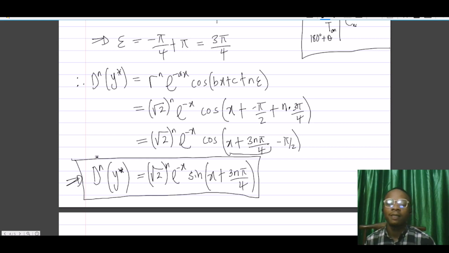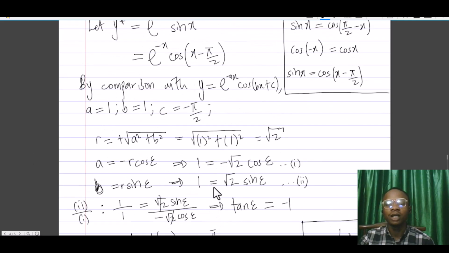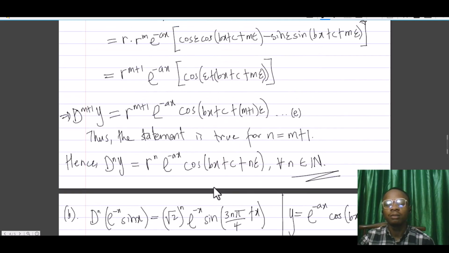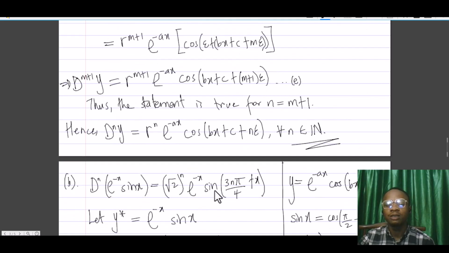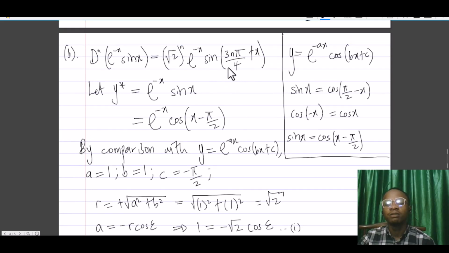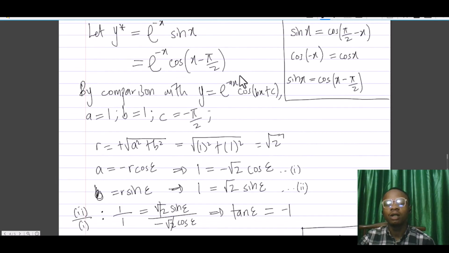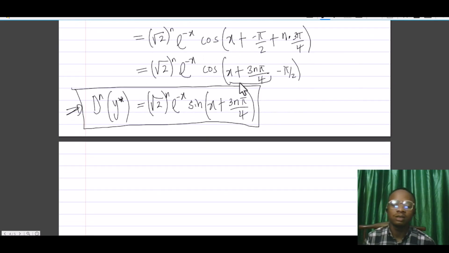It's quite easy now to see that this function will have its nth derivative equal to this, and that is basically what we were asked to establish in the problem. That's what we were asked to show, that this expression is equal to this, and 3n pi over 4 plus x. So we have x plus 3n pi over 4. That is just the same as this.